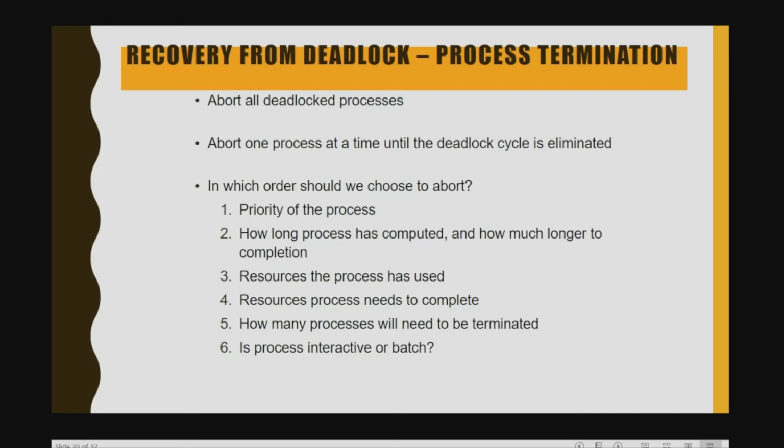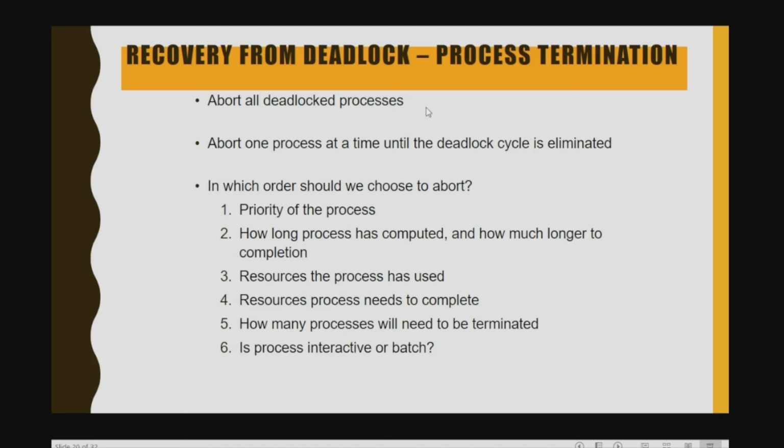So for the recovery scheme, we have detected the deadlock. So how do we recover? We need a process or method for handling the deadlock. We try to terminate processes: abort all the deadlocked processes, or abort one process at a time until the deadlock cycle is eliminated.